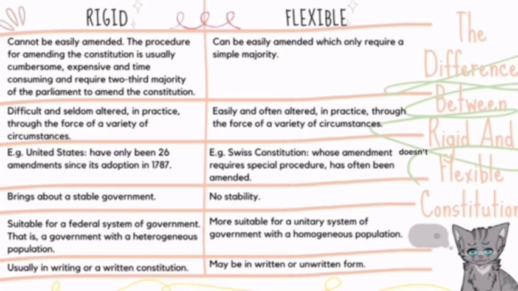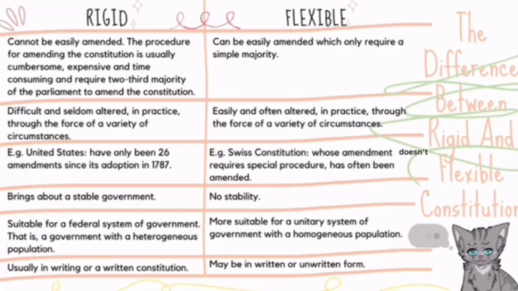For example, in the United States, constitutional amendments cannot be made by an ordinary act of Congress, which is the normal lawmaking process, but require a special procedure involving a two-thirds majority in each house of Federal Congress, followed by a ratification by at least three-quarters of the legislatures of the individual states of the Union. While flexible constitution can be easily amended, which only requires a simple majority. For instance, in the United Kingdom, any law of the constitution can be changed by a simple act of parliament.